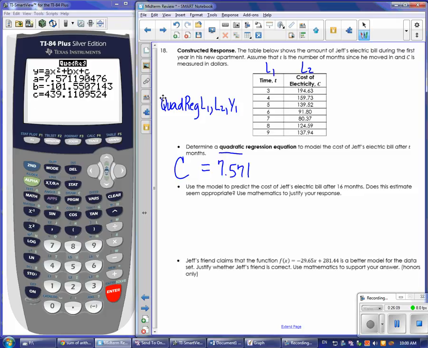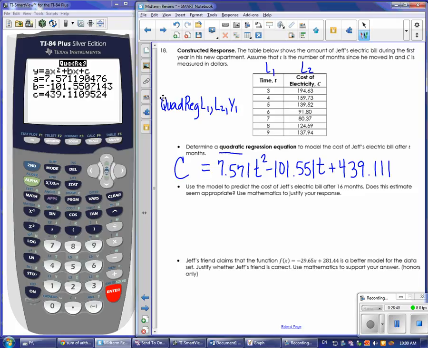And so instead of writing x squared, I'm going to write t squared. And then minus 101.55. Now, since next to the 0 is a 7, I'm going to want to round that 0 up to 1. And again, I'm going to use t. And then plus 439.11, and again, since the 9 is next to the 0, I'm going to round that 0 up to 1. Okay, so there's my equation.